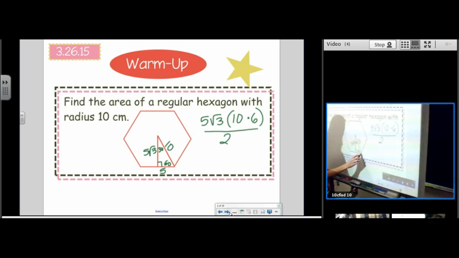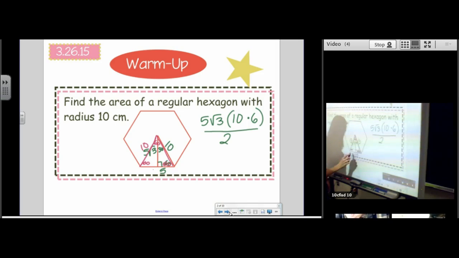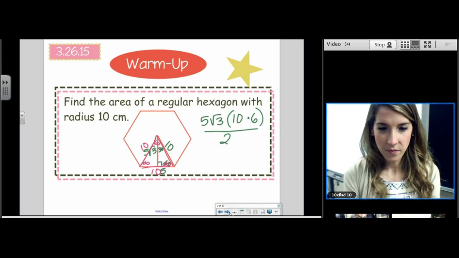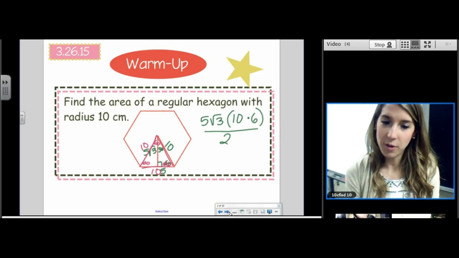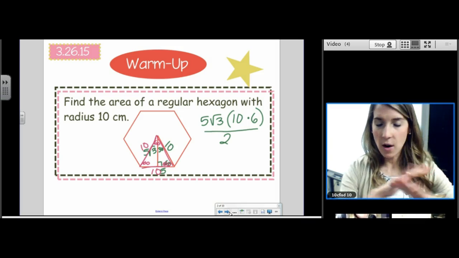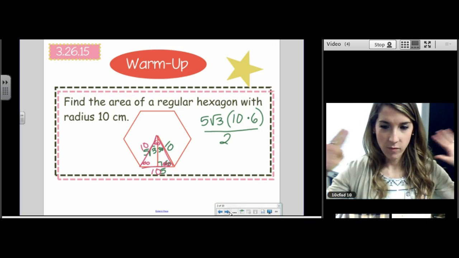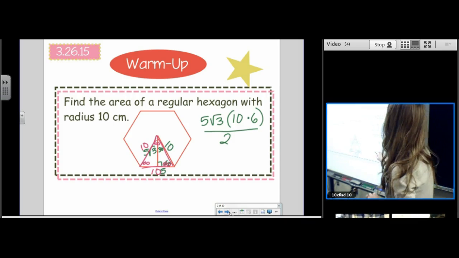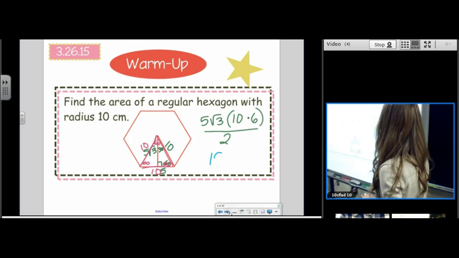Because if I draw this and this, 10 and 10, 60, 60, 60, so this is 10, it makes an equilateral triangle. Do you see that? So the radius is always congruent to the side, but that only happens in a hexagon. Only happens in a hexagon. Okay, let's say the answer. 150 root 3 centimeters squared.